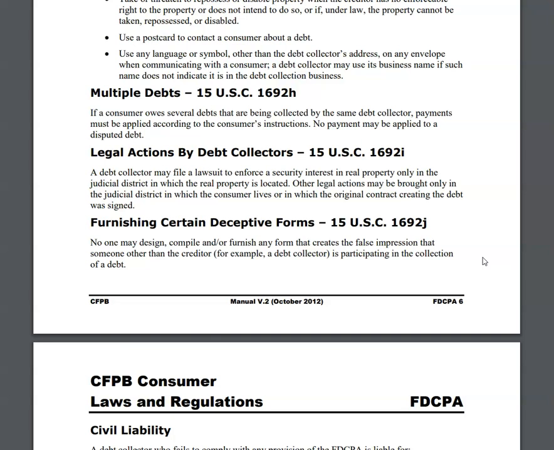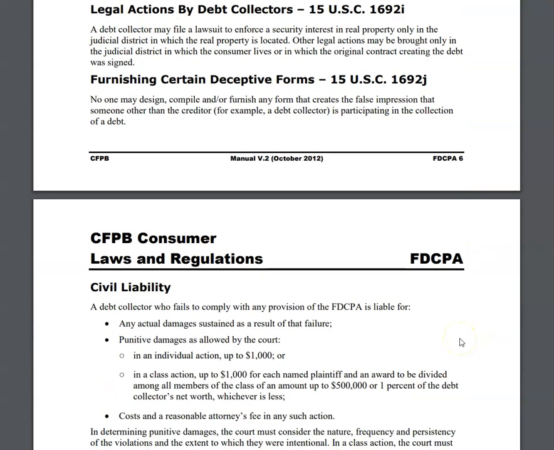You can actually get that dismissed. Let's say they take you to court and they get a default judgment. When you get that information, you do have to act within a specified period of time, but you can have that dismissed because they are not allowed to do it in the improper jurisdiction. All right, let's continue here.